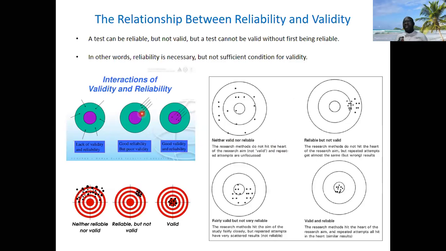That is a bone of contention. Look at this example here. You see, neither valid nor reliable, the first one. The second one, reliable but not valid, is consistent with the second one here also. The last one says valid and reliable, which is consistent with the third one here. But for this third one here, I say fairly valid but not very reliable.